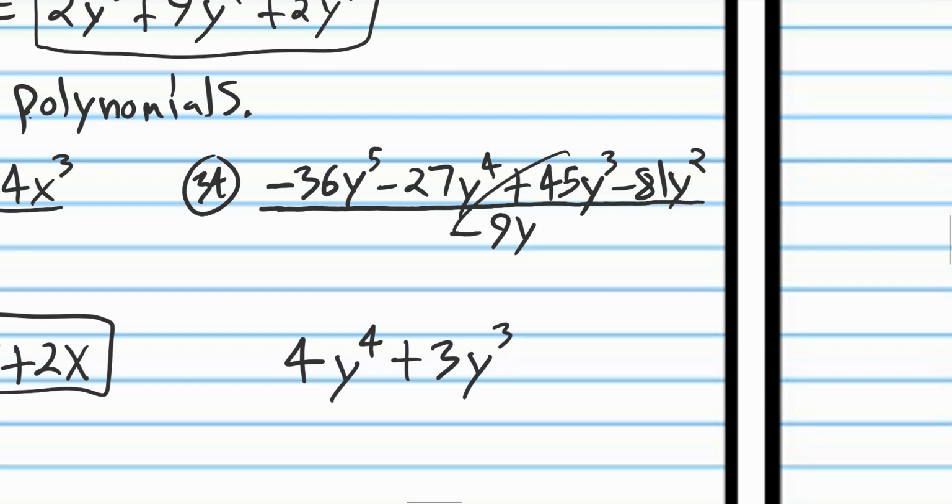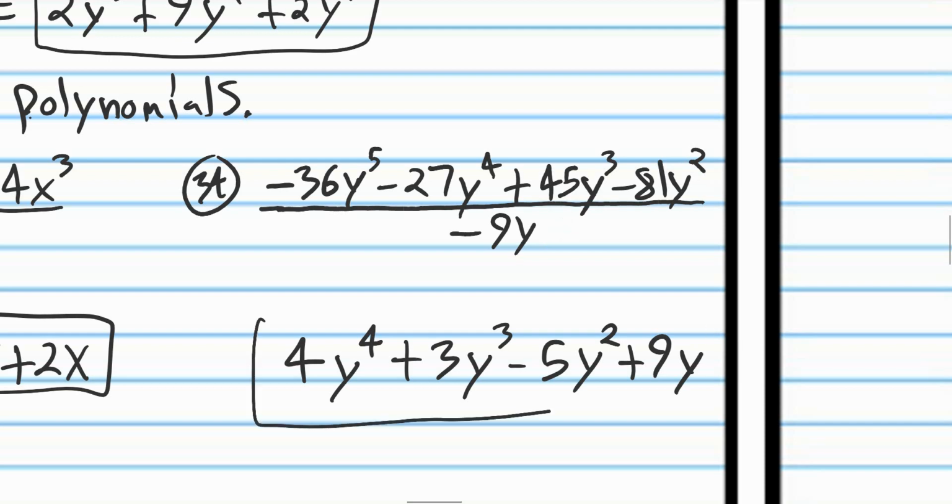And then 45 divided by negative 9 is negative 5. And 3 minus 1 is 2. And negative 81 divided by negative 9 is positive 9. And 2 minus 1 is 1. So instead of writing a 1, we just write nothing there. It'll just be y instead of y to the first power.